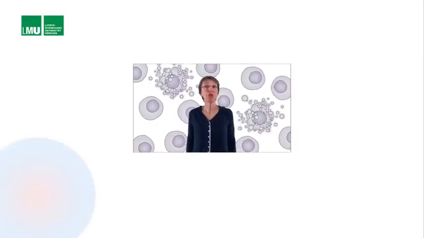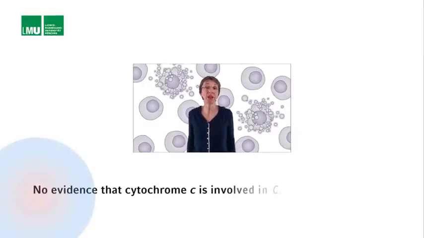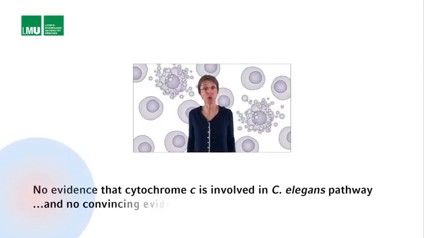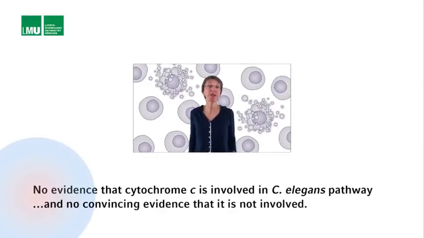Does cytochrome C really have no role in the C. elegans pathway? So far, there is no evidence that it does. However, so far, there's also no convincing evidence that it doesn't. Mutations in cytochrome C have not come out of any of the C. elegans cell death screens.